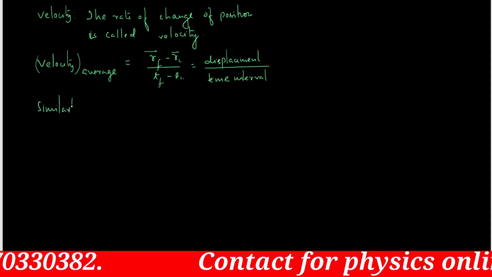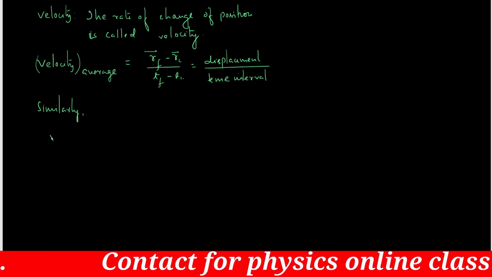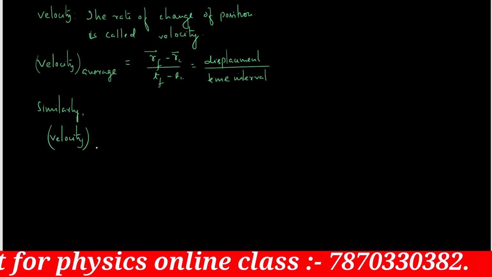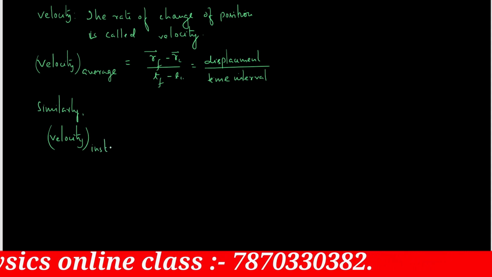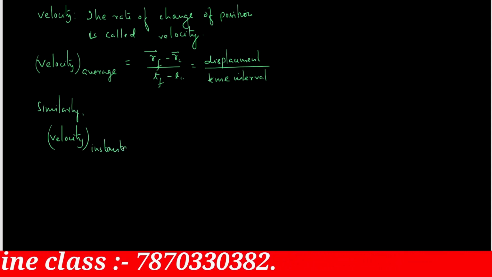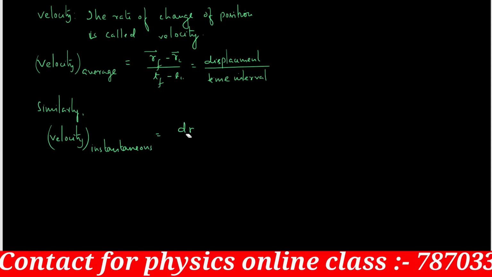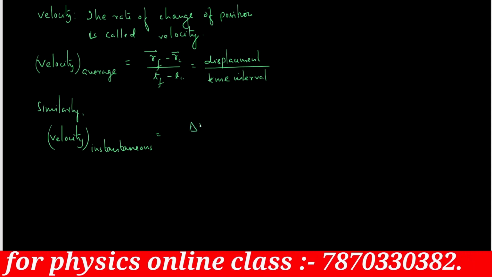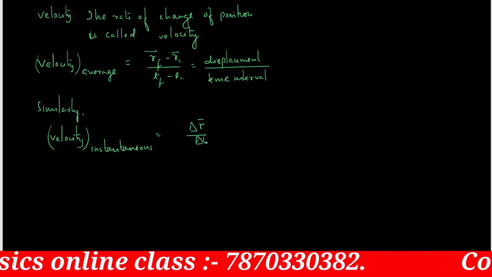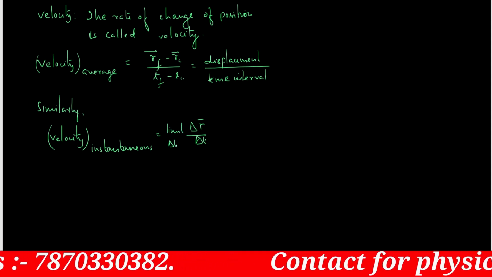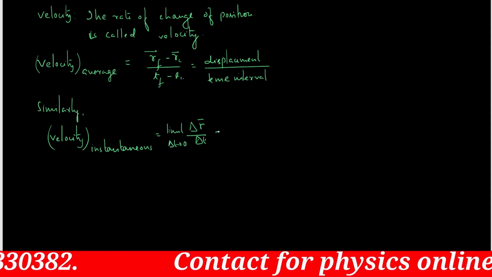Similarly, on the same basis, instantaneous velocity is defined as delta r upon delta t, limit delta t tends to 0, right?